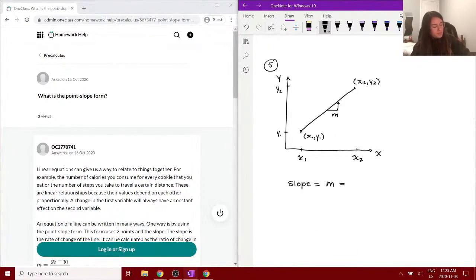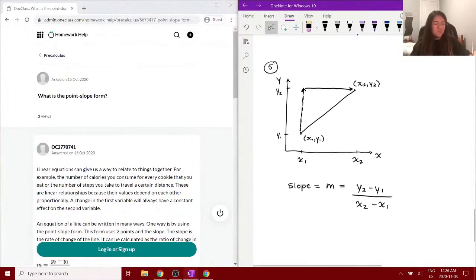Slope is equal to m, and that can be measured by figuring out what the difference is between y2 minus y1 to travel vertically that far, and in order to travel horizontally that far, we need to know what the difference between x2 and x1 are.